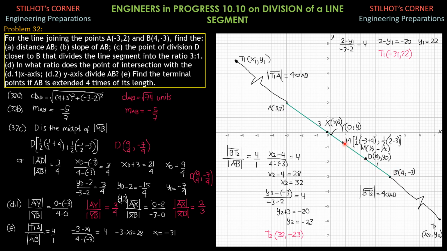So the midpoint M of line segment AB is at 1/2 comma negative 1/2.